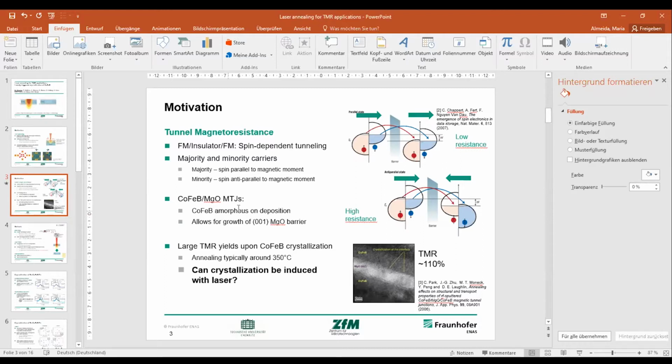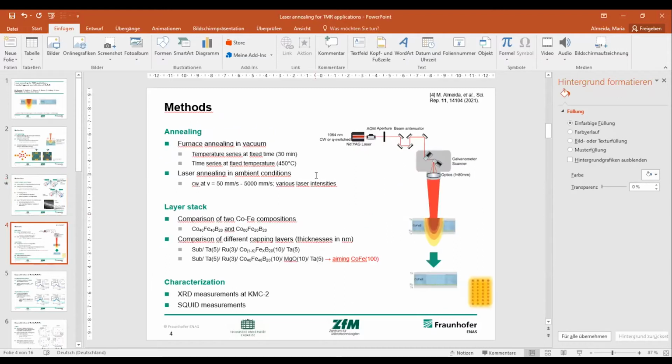And so we designed some experiments with simple layers for XRD measurements, in this case with cobalt iron boron layers with a capping tantalum layer or a capping MgO layer, so that we can also investigate different orientations of the crystallization.